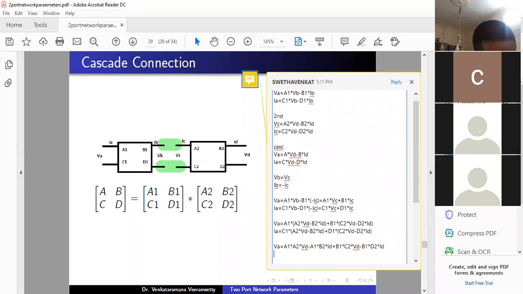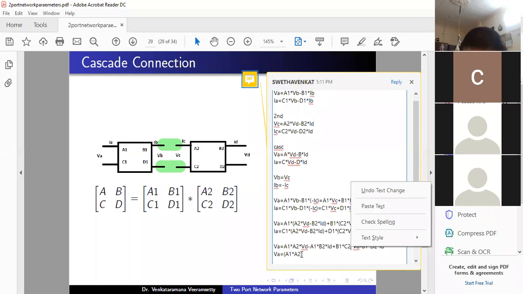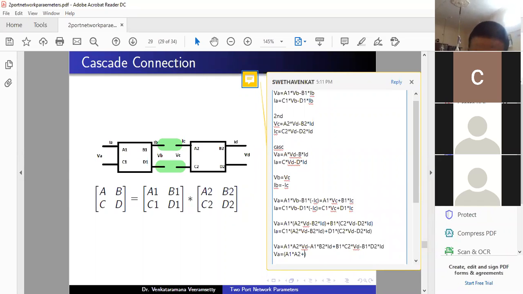So now from here VA equal to, take VD common. If we take VD common, we have A1 multiplied by A2 plus B1 multiplied by C2 into VD. These two are the addition.